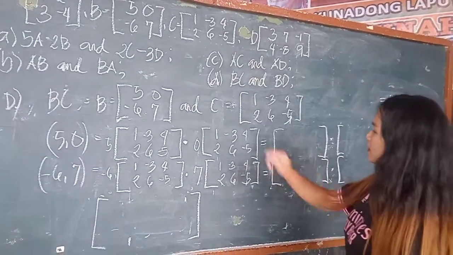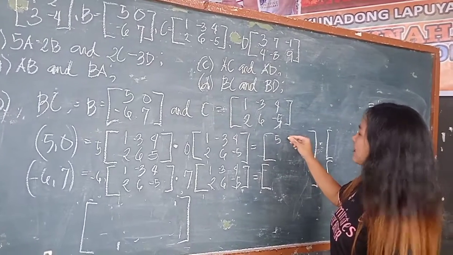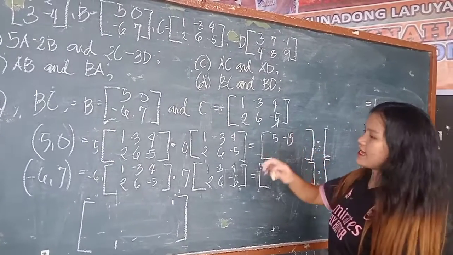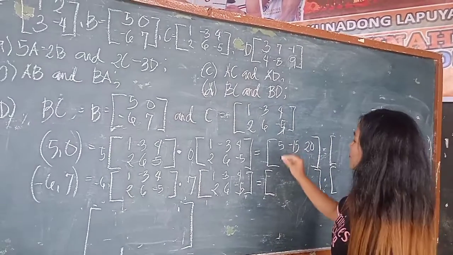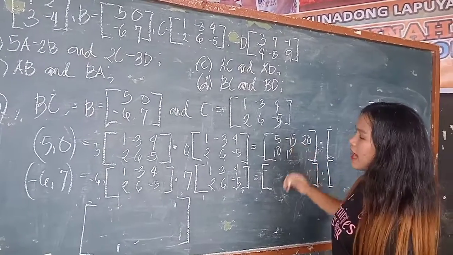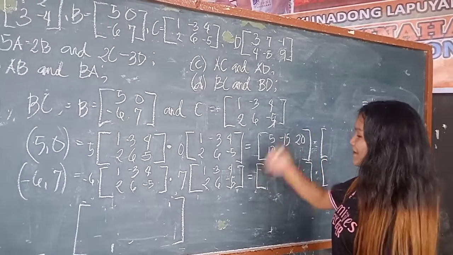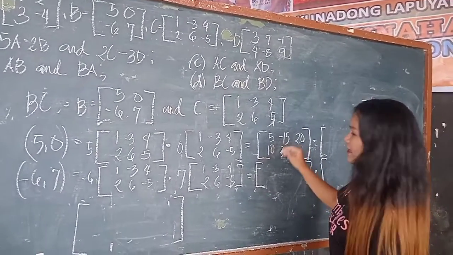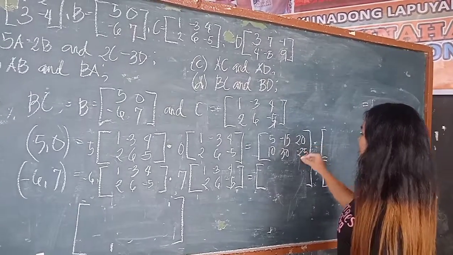So therefore, 5 times 1 equals 5, 5 times negative 3 equals negative 15, then 5 times 4 equals 20, and 5 times 2 equals 10, 5 times 6 equals 30, then 5 times negative 5 equals negative 25.